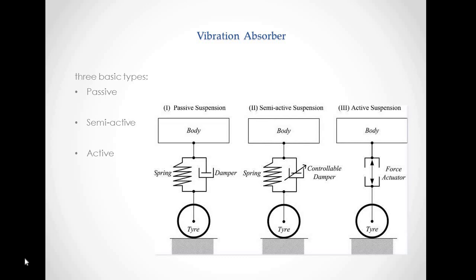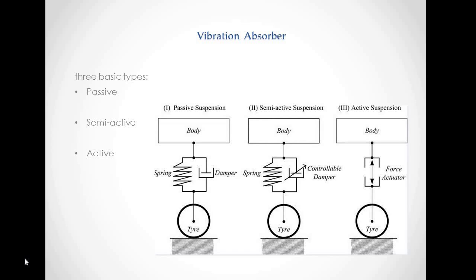Vibration absorber. Vibrations can be controlled in many ways when a system is subjected to the continuous cycle motion of a structure or a component. A vibration absorber is made up of a secondary mass which is mounted on the base system using a spring and damper.